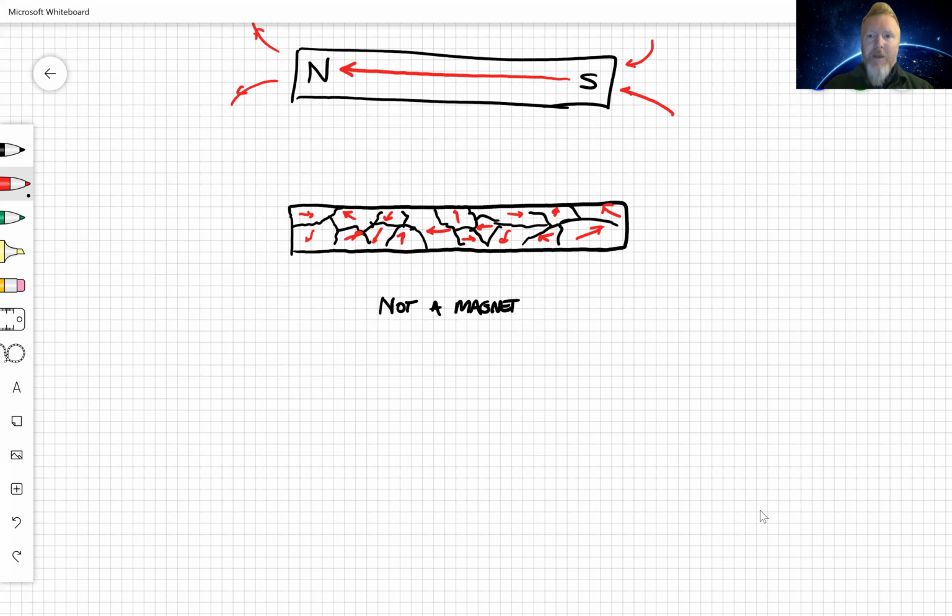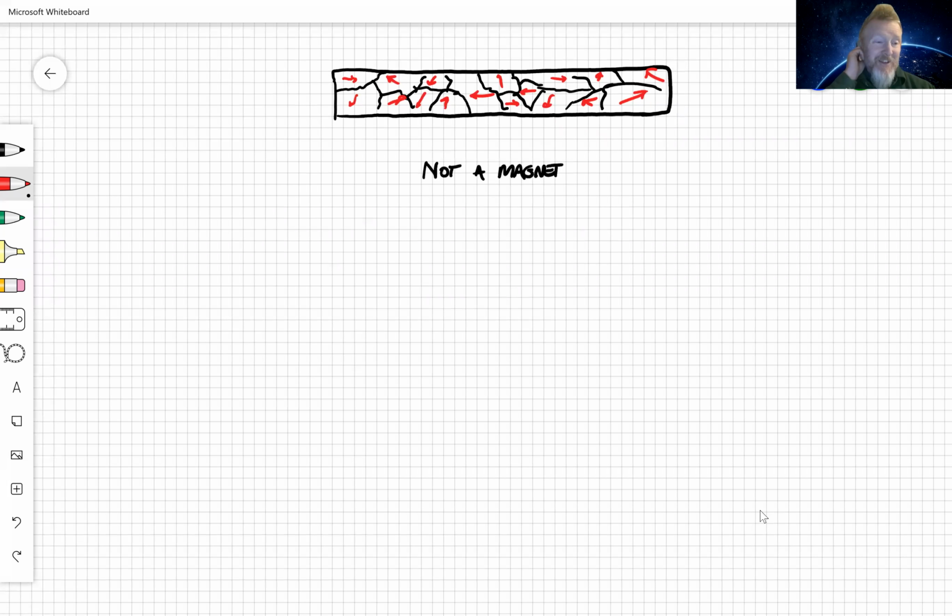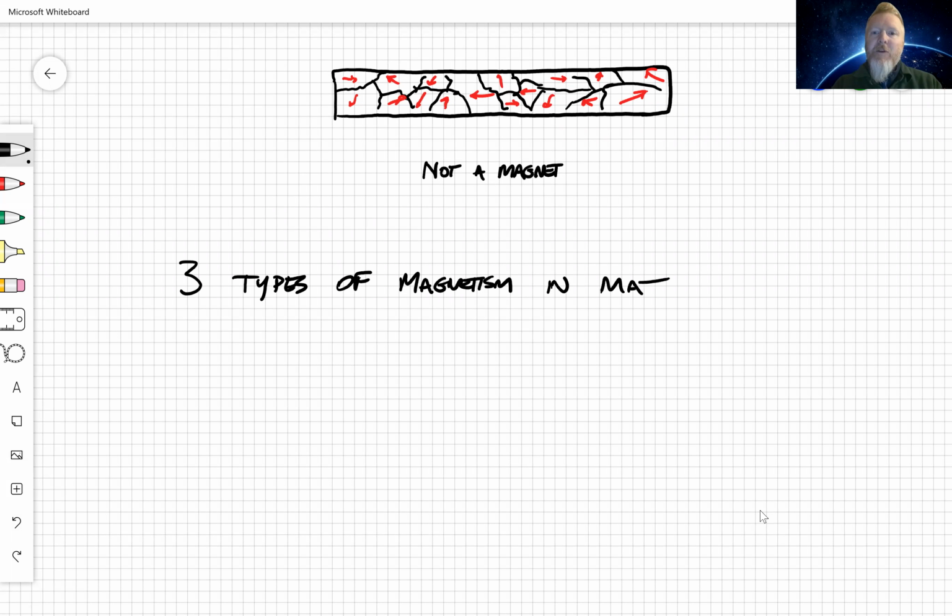There are basically three categories of magnetization in materials, and they're easily described. So I figure we can do that and give you an idea of what's prevalent and why.